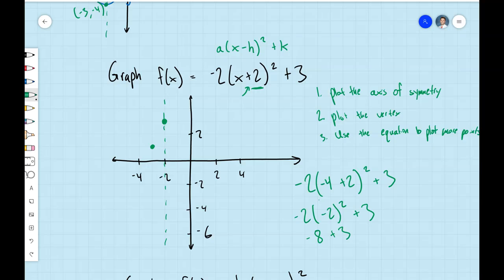So when x is negative 4, f of x is negative 5. And then, like I said, we can use our axis of symmetry to plot these corresponding points. So we would have a point here at 0, 1 and a point here at 0, negative 5. And now we can draw the graph of our parabola.